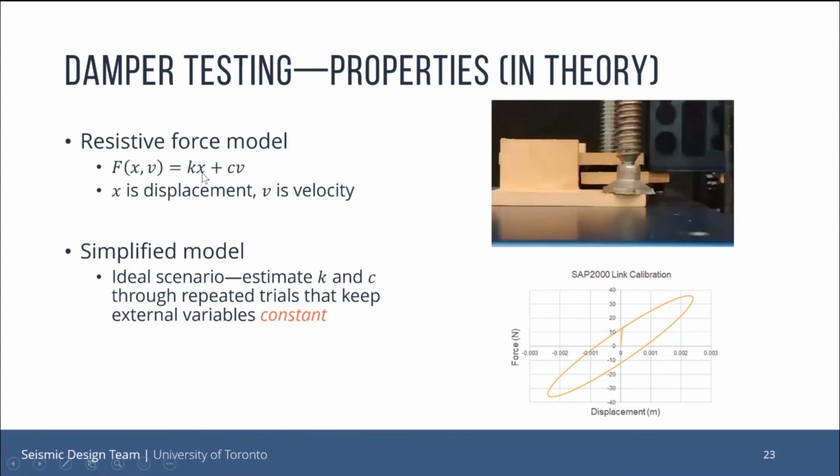This would basically mean measuring the force, displacement, and velocity at every point, and performing a least squares linear regression to find K and C. Practically, though, we rarely do that, or it's very hard to do that, and most of the time we let the computer take care of all of it.